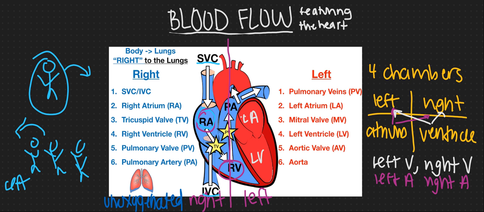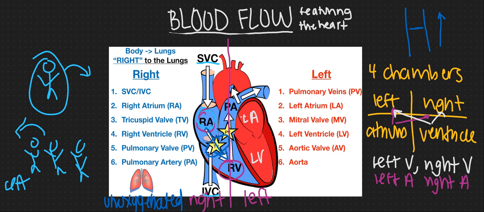Then the blood from the right atrium is going to flow into our right ventricle. This is going to be done through a valve called the tricuspid valve. A valve is basically saying that if you have a tube, we want the blood to continue moving in one direction.